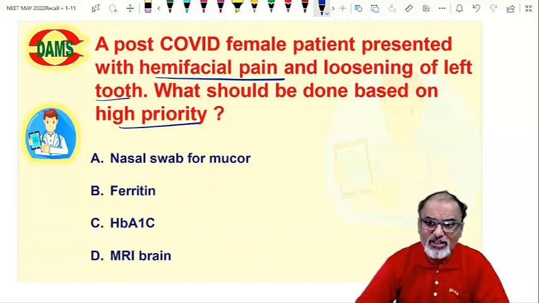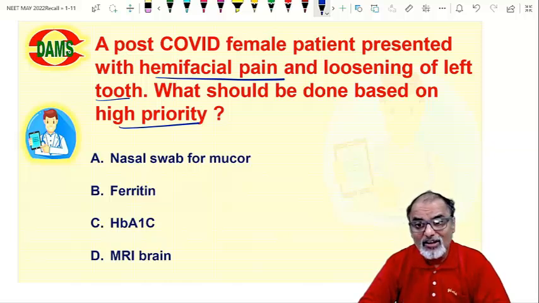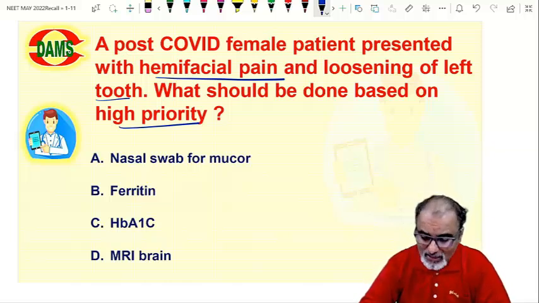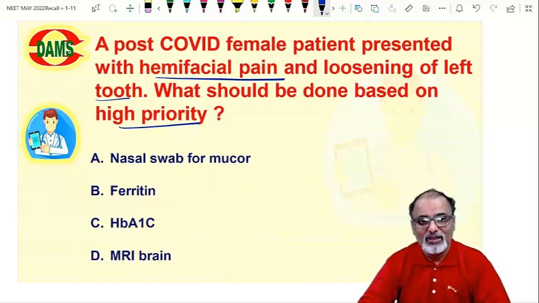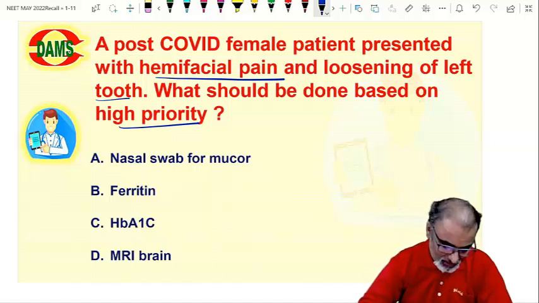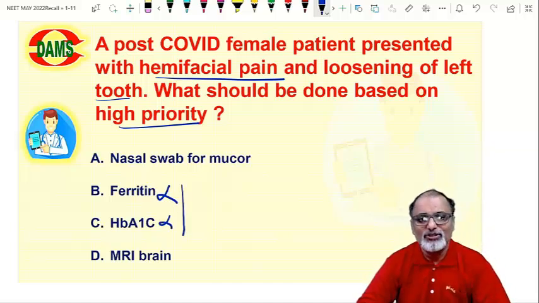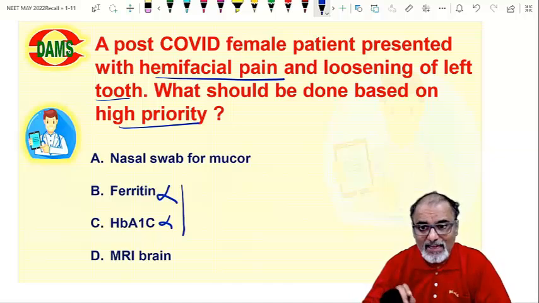First we need to confirm the diagnosis, whether it is mucormycosis or not. Second, we need to know the extent of the lesion. Ferritin and HbA1c are not useful to confirm the diagnosis.